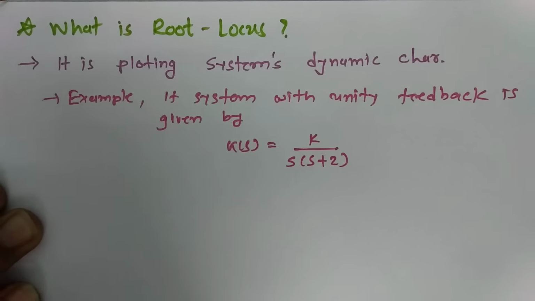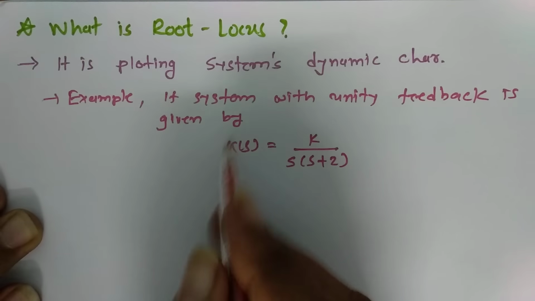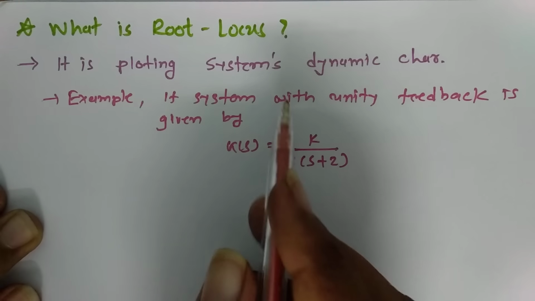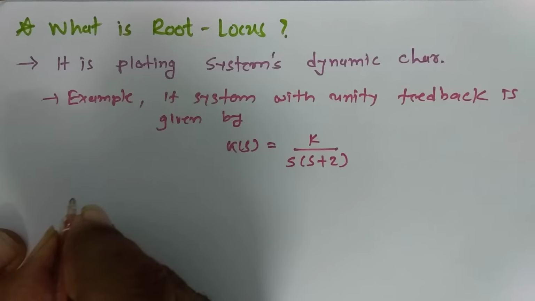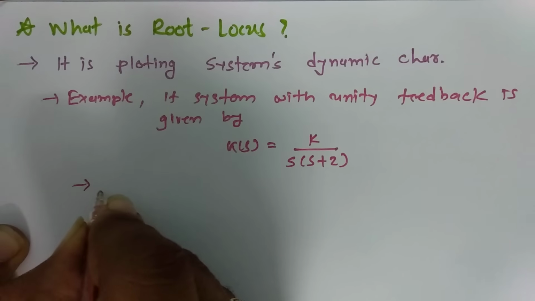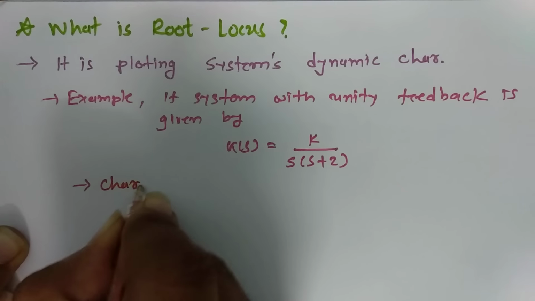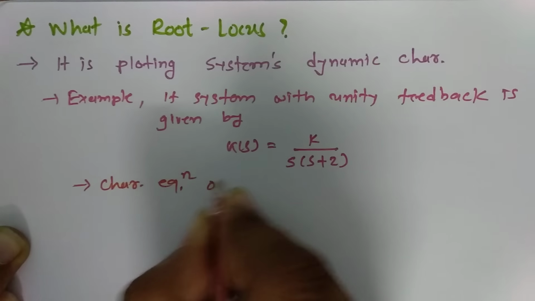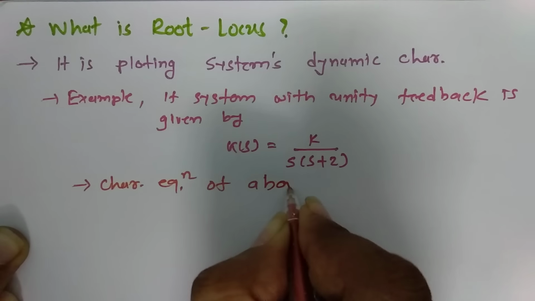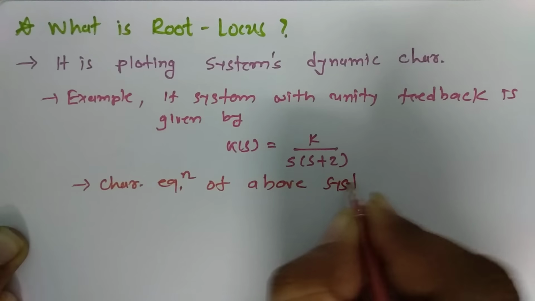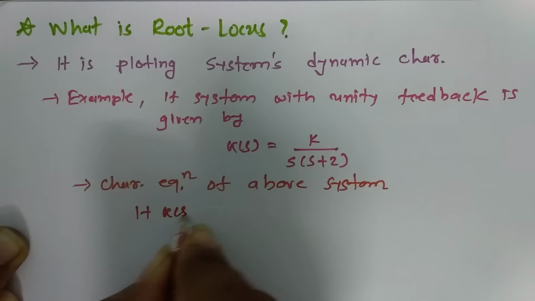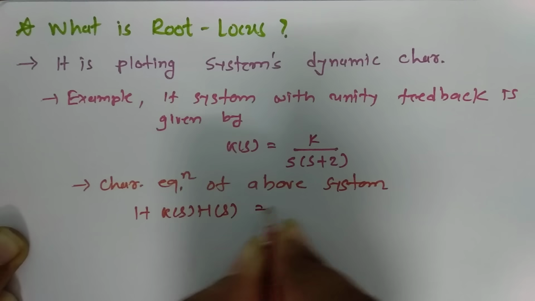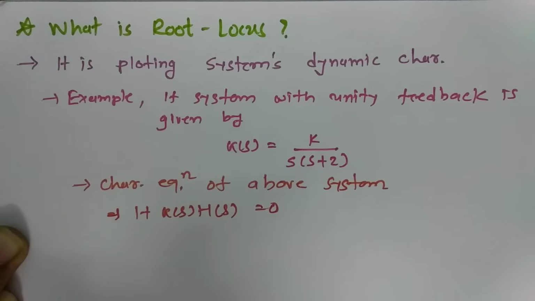We have the system's transfer function given with unity gain feedback, so we can have the characteristic equation of this system: 1 + G(s)H(s) = 0.